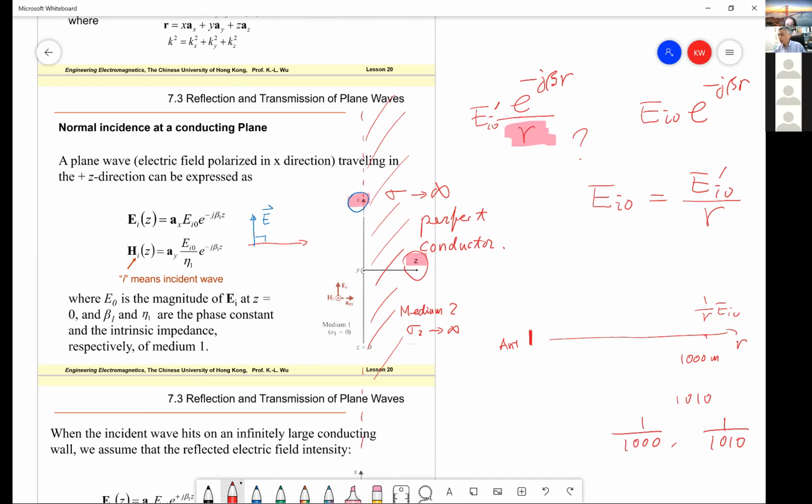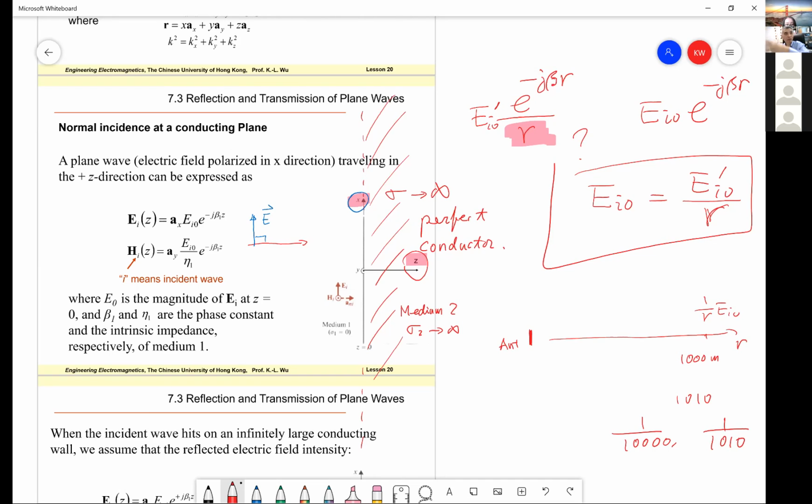So that's why when we talk about the plane wave, to simplify it and make our life easier, we have this approximation, and this r is already absorbed into this constant. So that means this constant is also determined by how far r is, 1,000 meters or 10,000 meters.